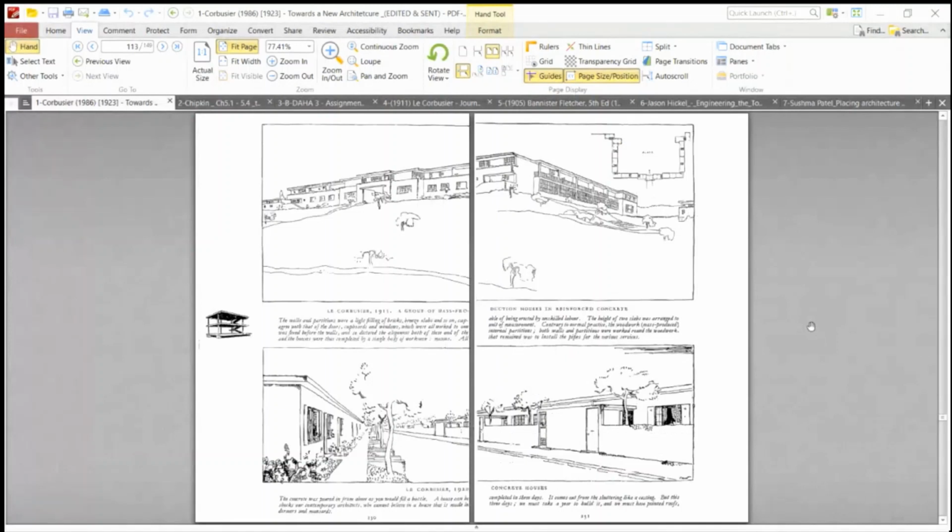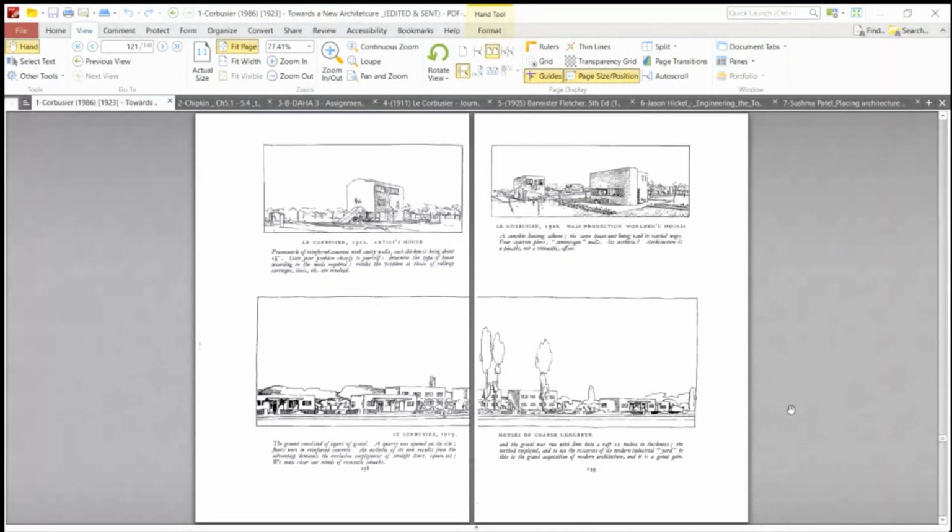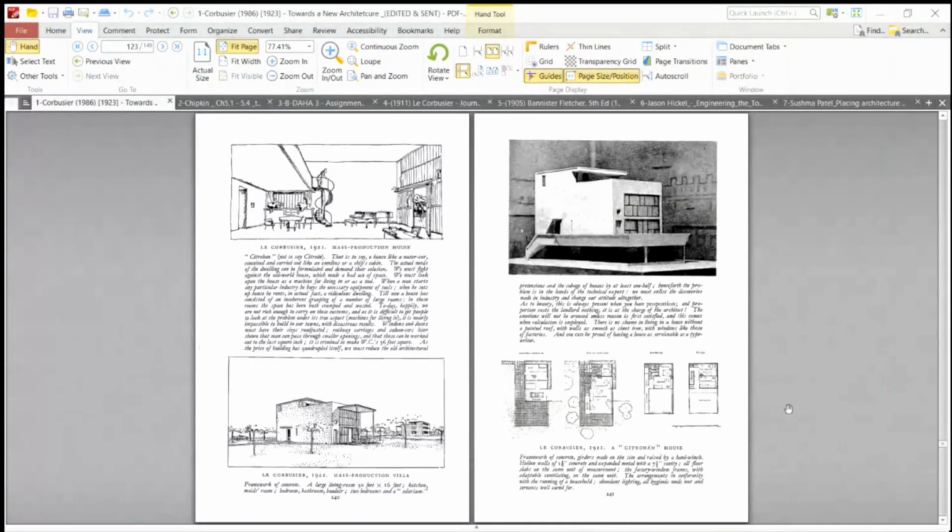And then he shows us some images. Houses that are orthogonal, block-like, flat roofs, straight lines, cube-like. So this is what he imagines it to look like: cubes, orthogonal lines, straight lines, blank facades, flat roofs, right?